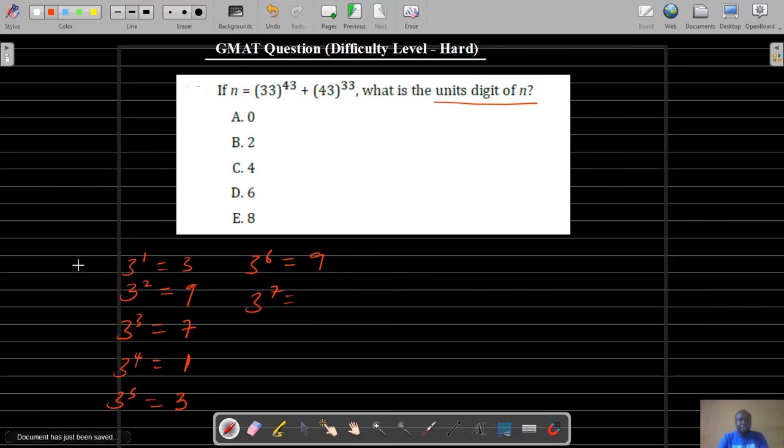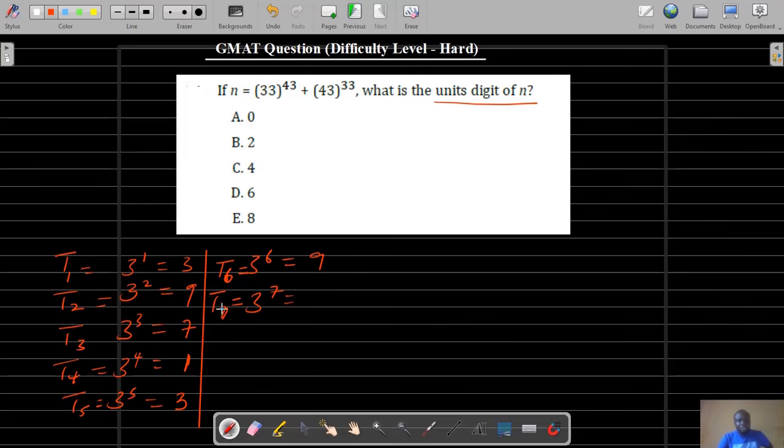So after every fourth term, let's call this our T1, call this T2, call this T3, call this T4, call this T5, then we can call this our T6, then let this be our T7.